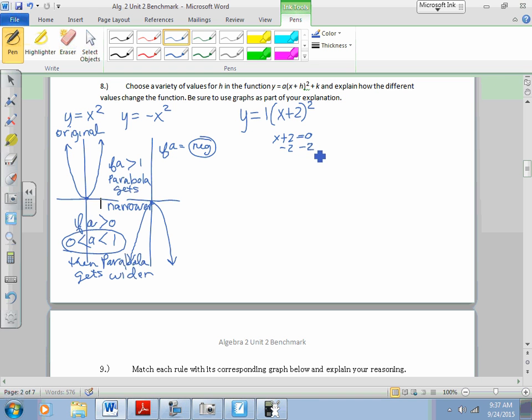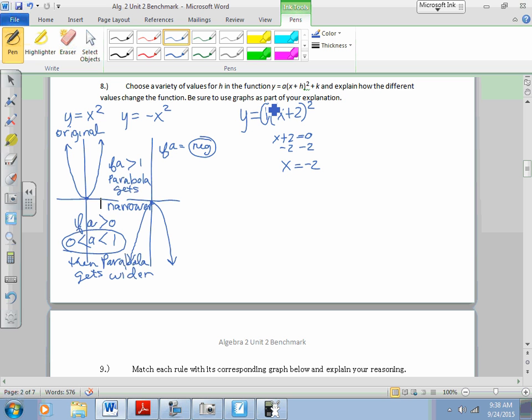Solve it for x. And the x-intercept is at negative 2. Okay? You guys see that? The a value is 1, right? If the a value is negative, then the parabola goes down. What if the a value is greater than 1? The parabola will get narrower. If the a value is a fraction, then the parabola will get wider.